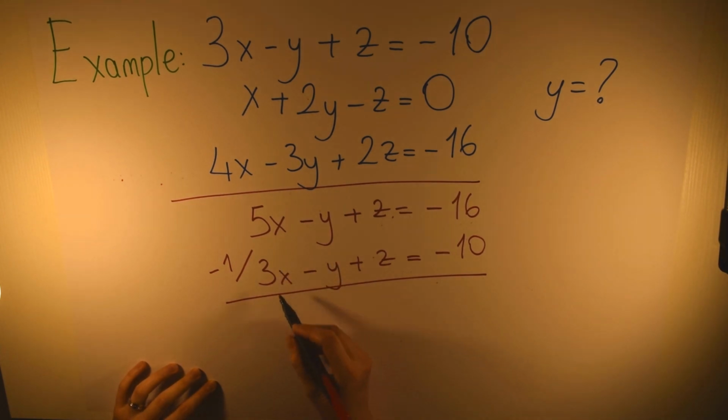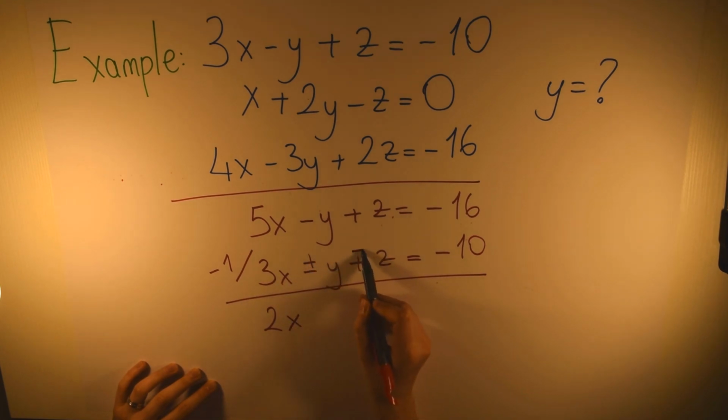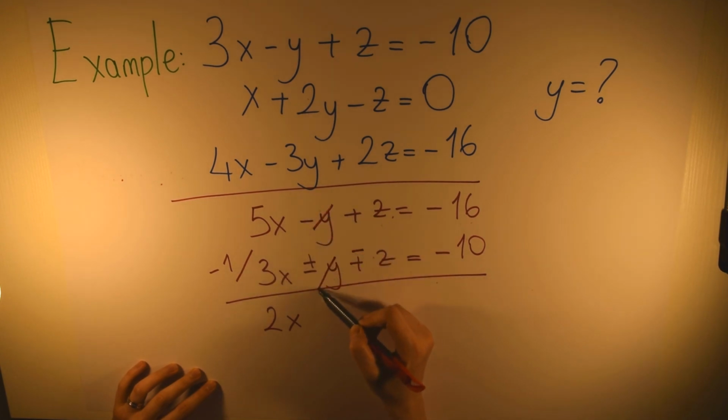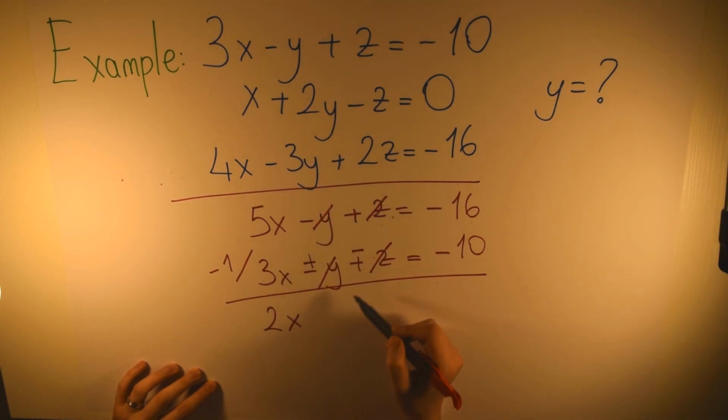So let's do that. I have here 5x minus 3x, it's 2x. Minus times minus, this will become plus, and this will become minus, so these will cancel out each other.